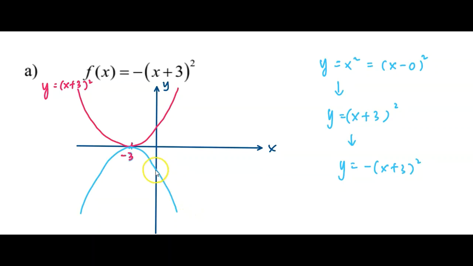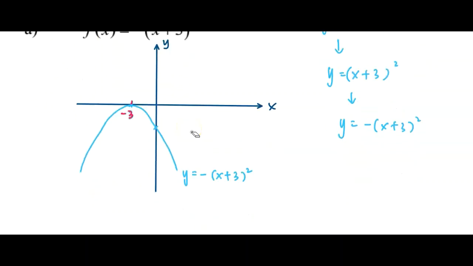Now you can see that I have a y-intercept to find out. I label this as y equals negative (x plus 3) squared first. To find the y-intercept, I just need to substitute x equals 0.